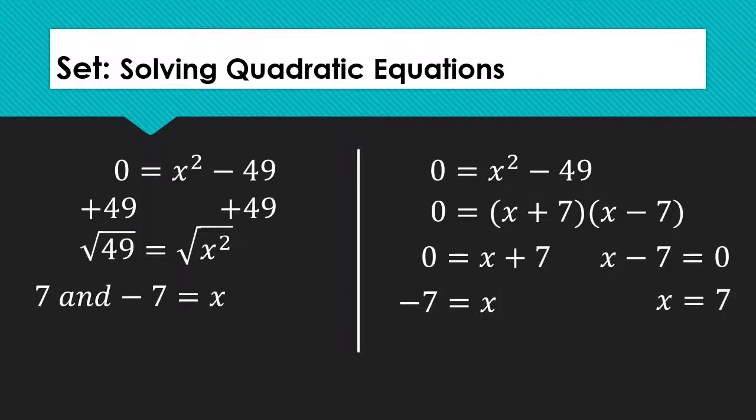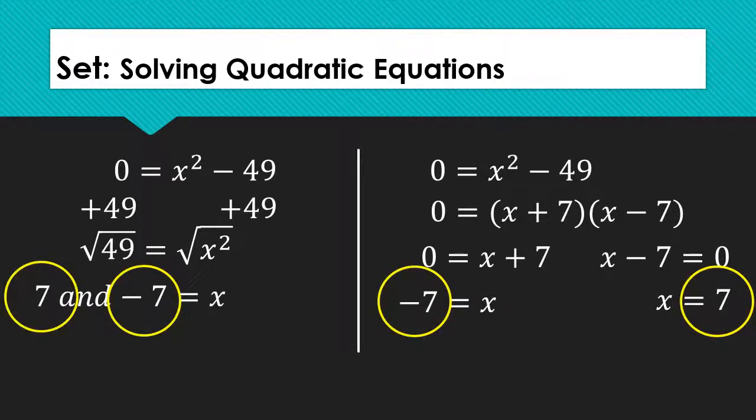And we find that on the left side we have x equals negative 7, and on the right we have x equals positive 7, which are the exact same answers. So in this situation, with this equation, we could use either method, either the traditional inverse operations method or the factoring method.